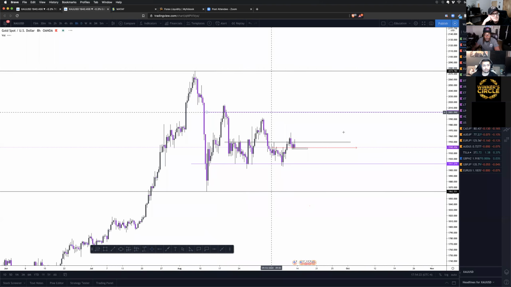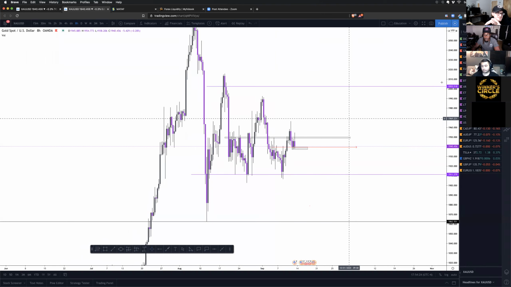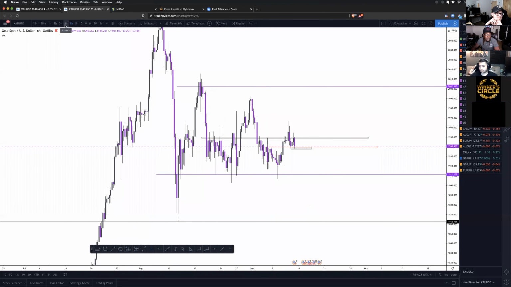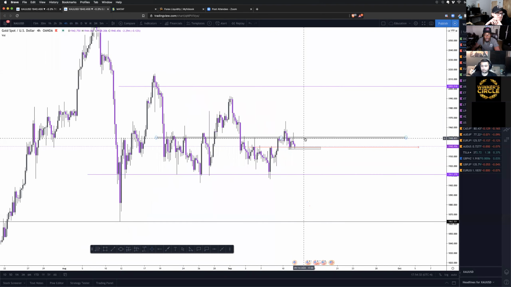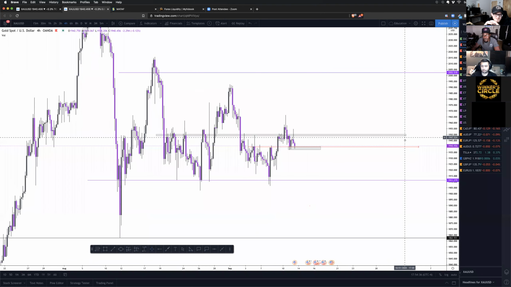So I just wait for some type of pullback before going short, because I think we can test this region again around 1940 or even 1945-ish, something like that.